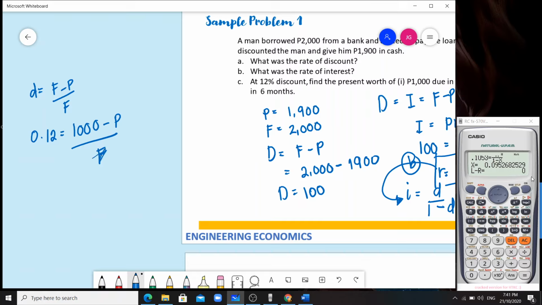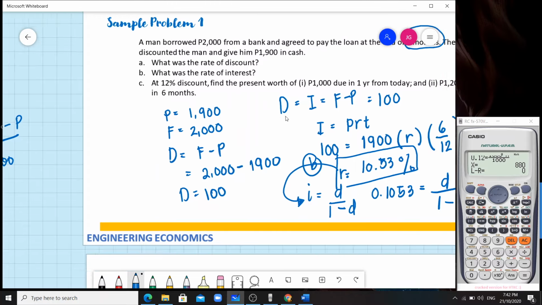Shift solve. 880. Okay, ito yung present worth ni 1,000. So, bali, umutang siya ng 1,000, binigyan siya ng 880 pesos ngayon. Okay, pero ang babayaran niya is 1,000 pesos.